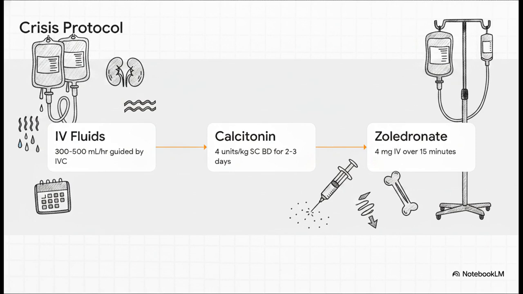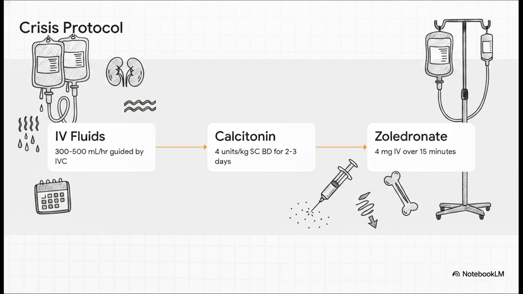Now, when a patient presents in an acute hypercalcemic crisis, your sequence must be immediate, and it must be aggressive. Step 1. Establish 2 IV lines and initiate IVC-guided aggressive fluid resuscitation at 300 to 500 milliliters per hour to counter that profound nephrogenic DI dehydration.